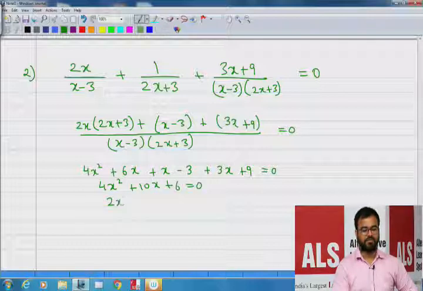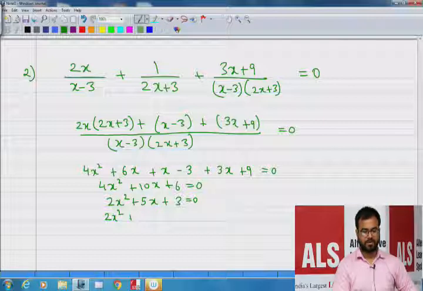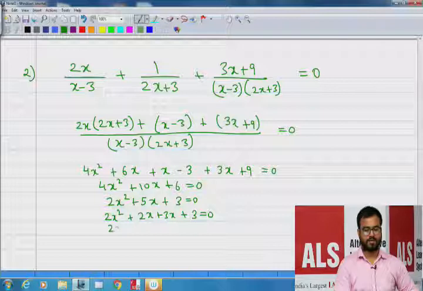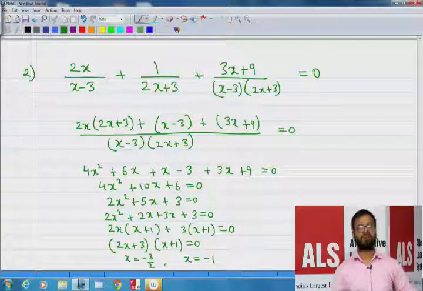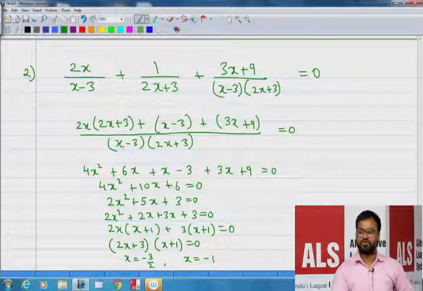So dividing by 2, we can factorize this one as 2x square plus 2x plus 3x, taking 2x as common. So x is equal to minus 3 by 2 and x is equal to minus 1 we are getting.